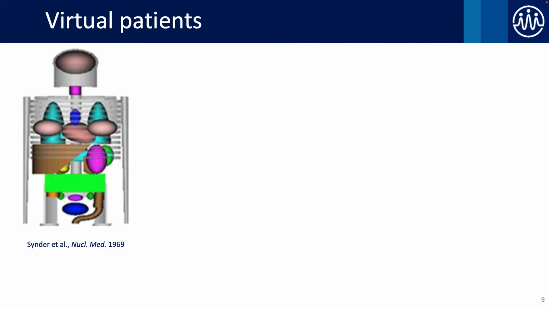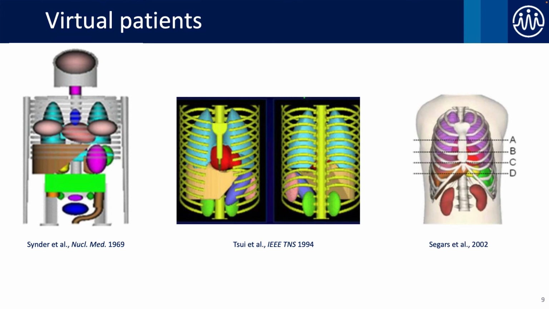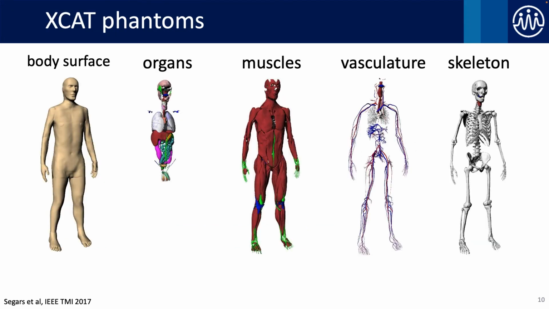So let me go to the virtual patient side. This is not a new topic. Over 50, 60 years, there has been work on creating mathematical models that look anthropomorphic. And over the years, they have been improved and enhanced to be more and more anthropomorphic.